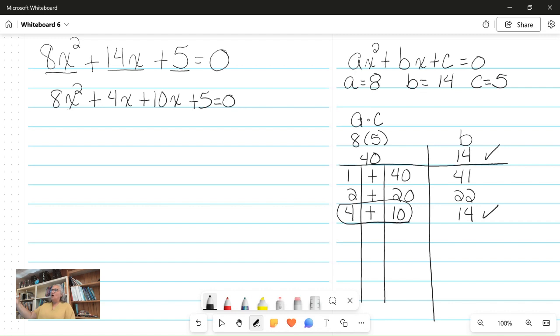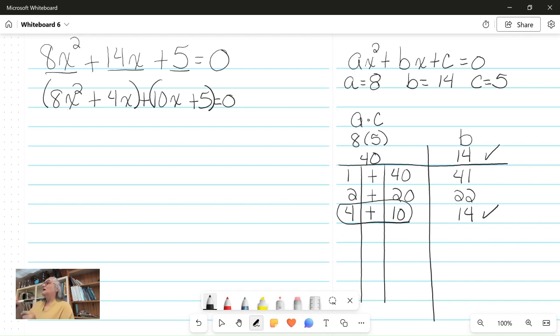If I look at all of those terms, there's not one factor that I can factor out of all of them. But if I look at the first two terms, the 8x squared and the 4x, those two have common factors. And the next two terms, the 10x and the 5, also have common factors. So let's factor out those common factors and see if that does anything for us.